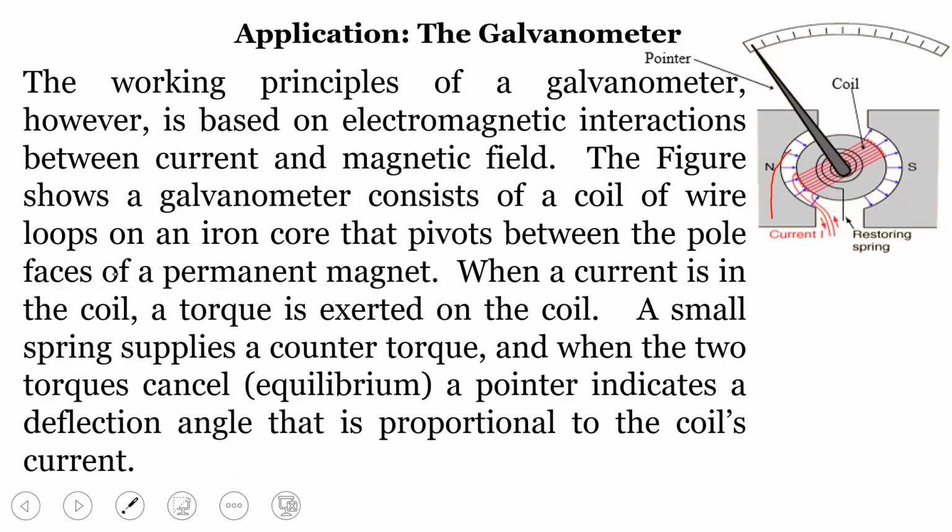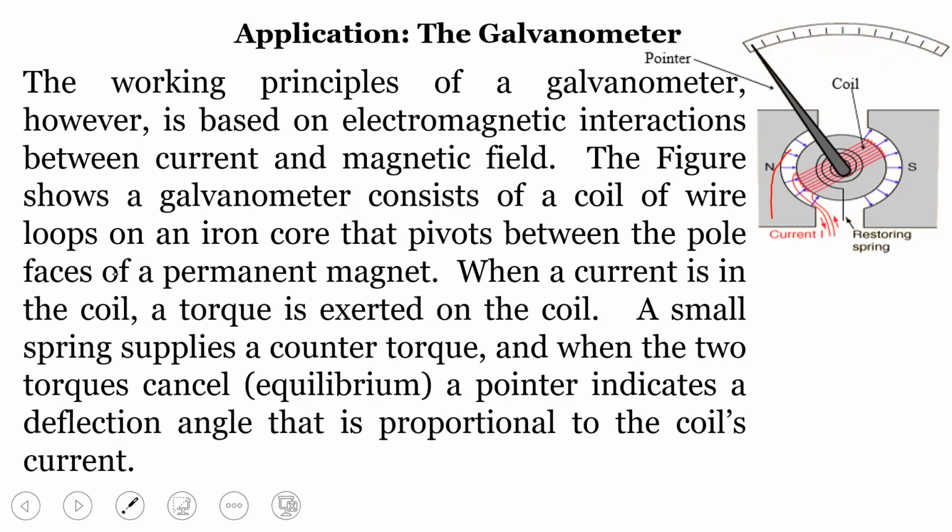You would expect larger magnetic force to be experienced when large current flows through the coil, and it will deflect more than when tiny current flows through it. So the current that flows through it determines the extent of deflection of this pointer.